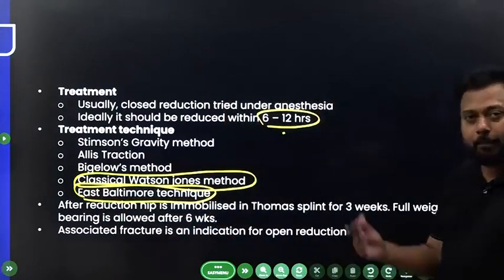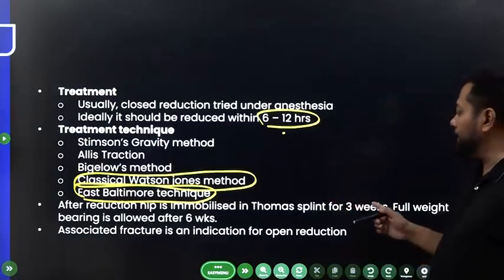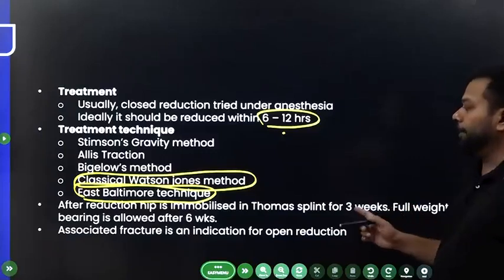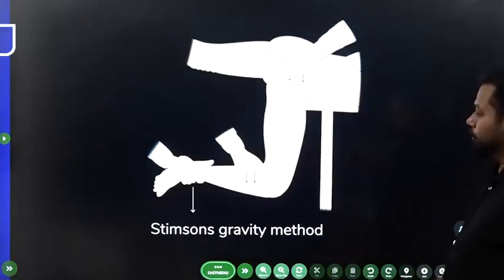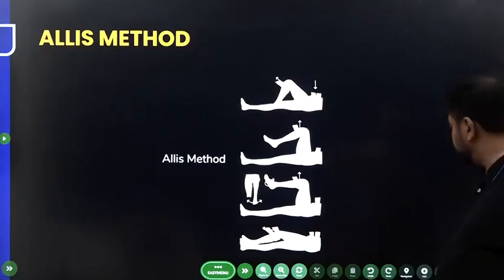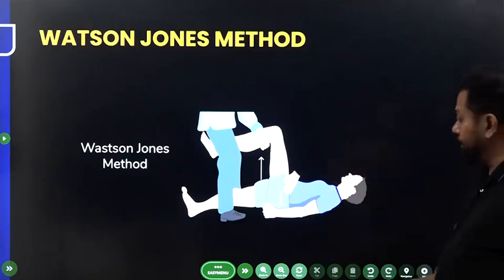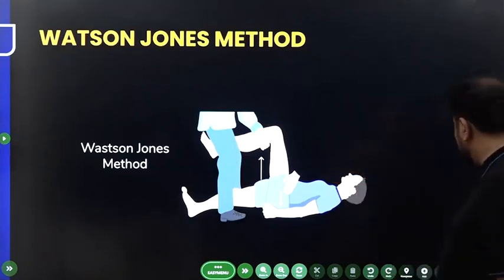East Baltimore, a place, no? After reduction, the hip is immobilized in a Thomas splint for 3 weeks. Full weight bearing is allowed after 6 weeks. This is Stimson's gravity method. This is the Allis method. This is the classical Watson-Jones method, where you are flexing and lifting.